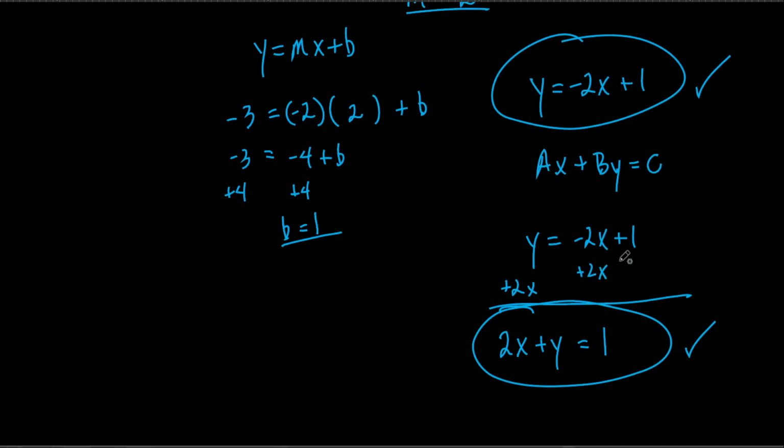But all I did, you're making it more confusing than it really is. All I did was change the form of it. Okay, this and this are exactly the same thing. Except I just put the x and y on the same side. That's all I did. Okay, so all I did was take this and whoop, move it over here. That's all I did. Okay, it's the same exact thing.